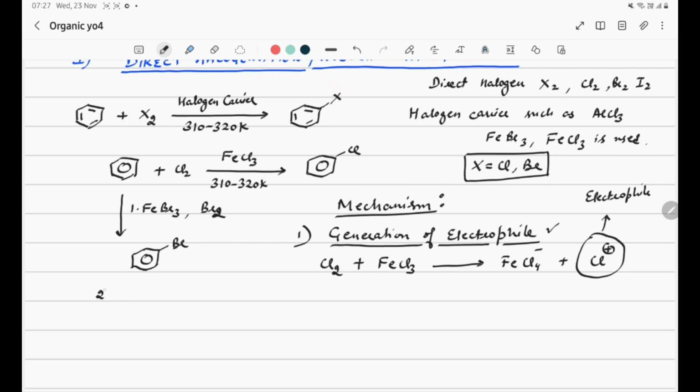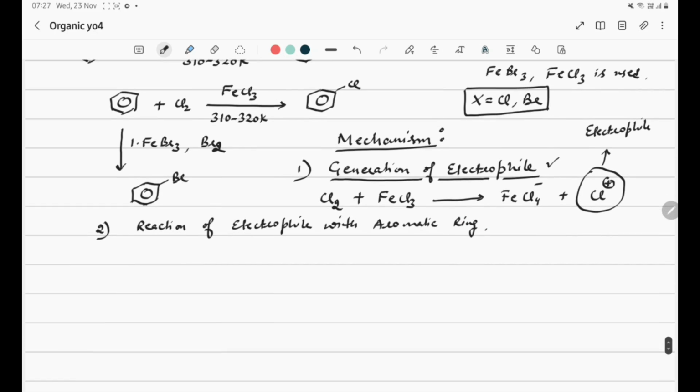So this is the second step of the mechanism, reaction of the electrophile with the aromatic ring. So what happens? Let's have a look.